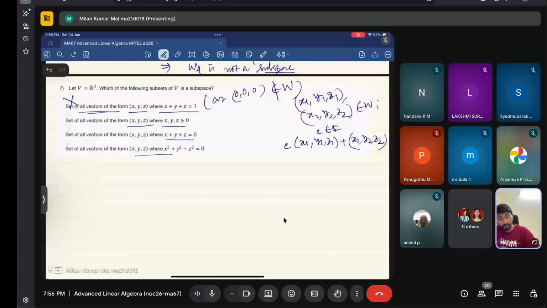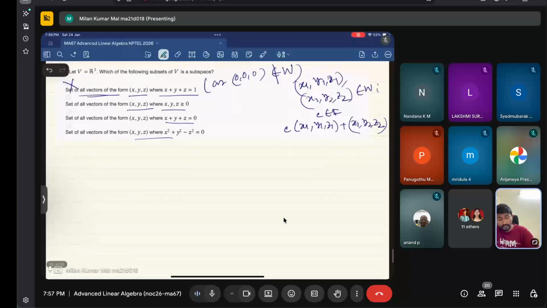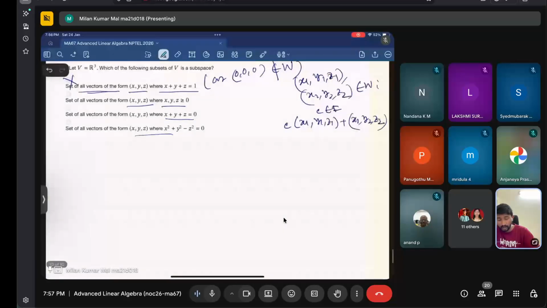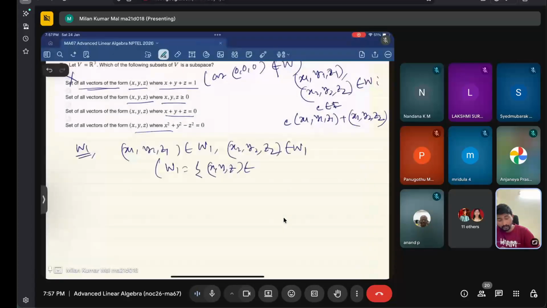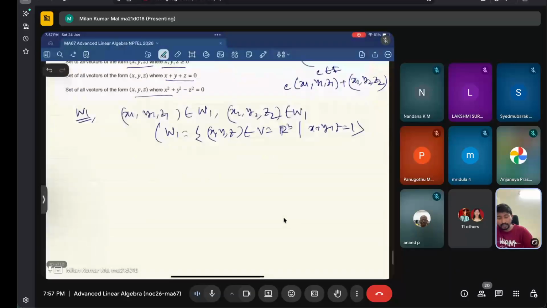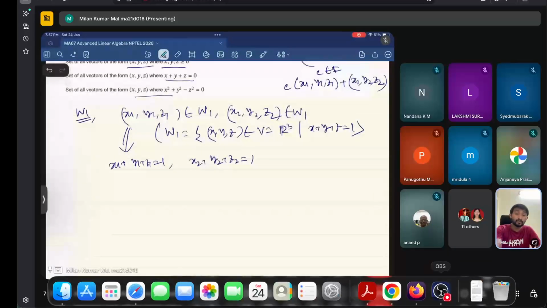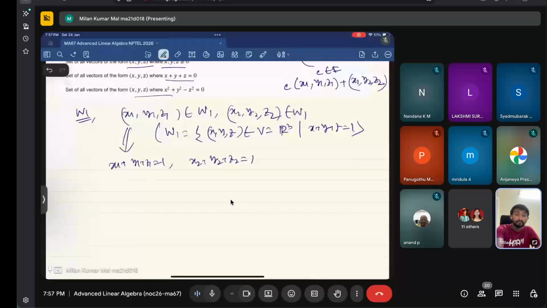So here W1 is equal to all (x, y, z) in V, which is R^3, such that x + y + z = 1. So this gives x1 + y1 + z1 = 1 and x2 + y2 + z2 = 1. This is the standing assumption, because their entries are in this set.